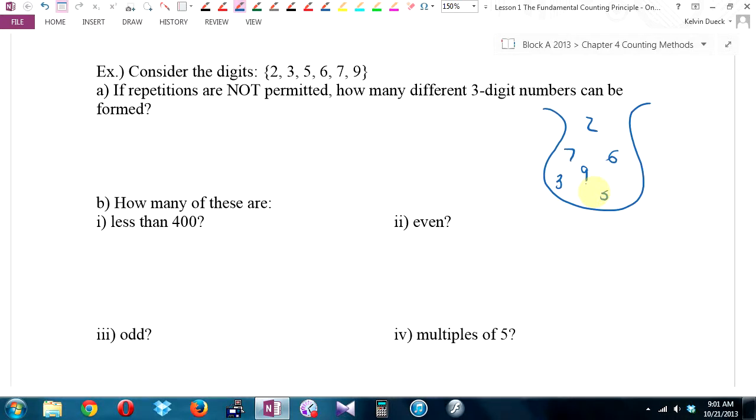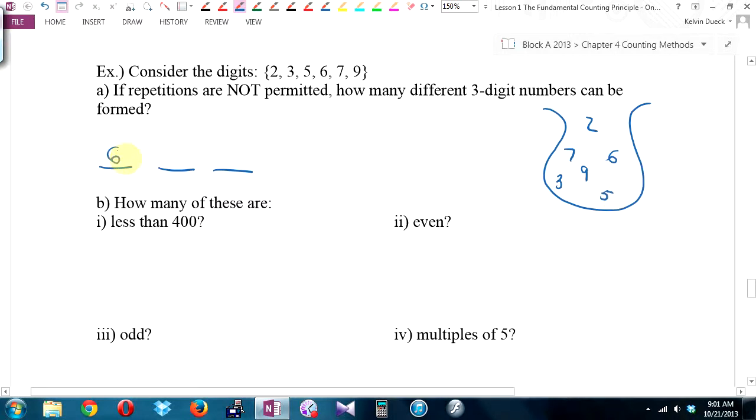How many blanks? Three. Justin, how many choices do I have for the first digit? Six. Yep. No zeros in there, right? So I don't have to eliminate the 0. Six.